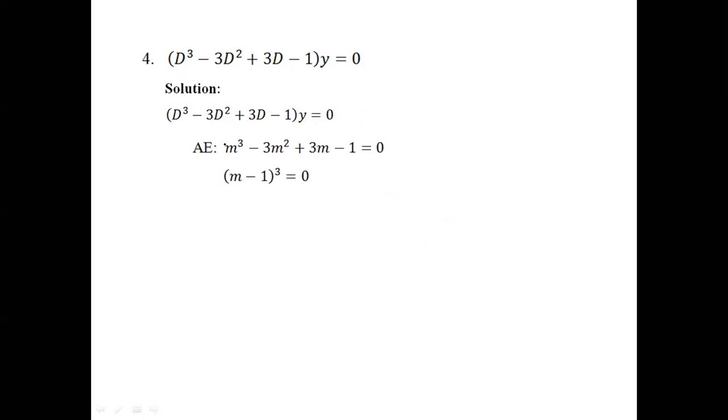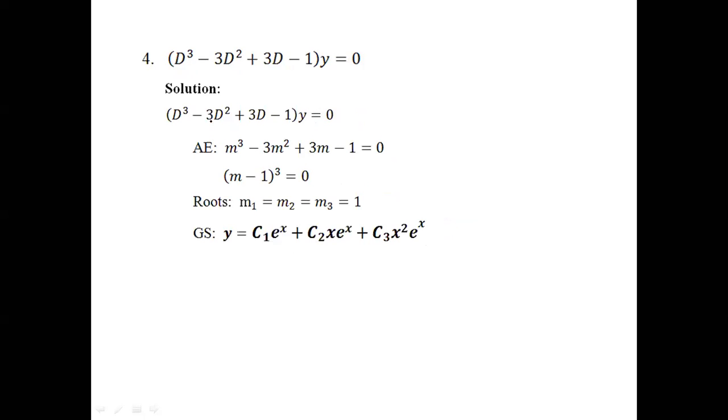Then we went to the fourth one. We have a different notation here. We're given a question in D notation. They've already converted it for us, so all we needed to do was to come up with an auxiliary equation, then the roots of the equation, the ones we call the characteristic roots.